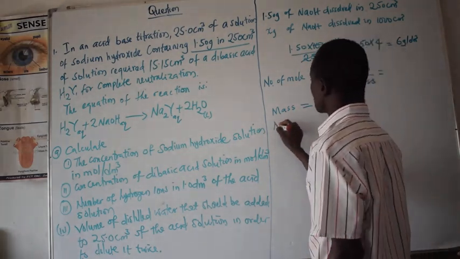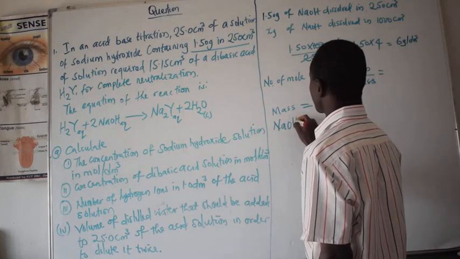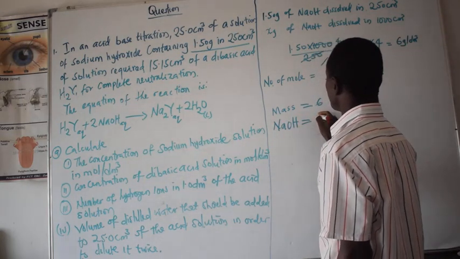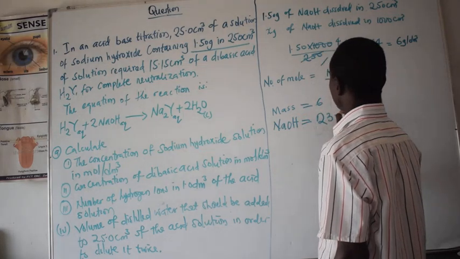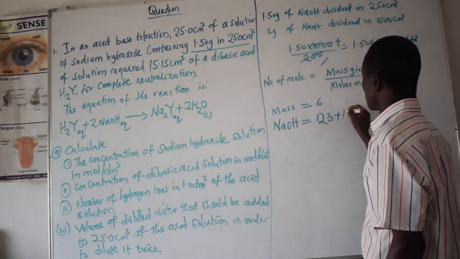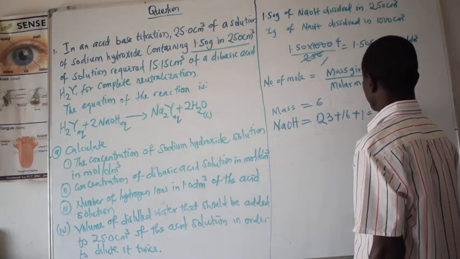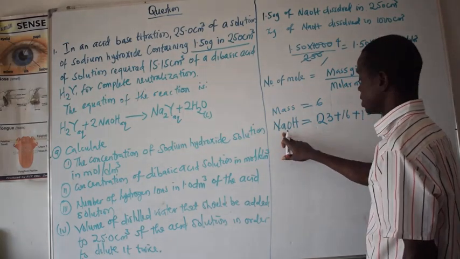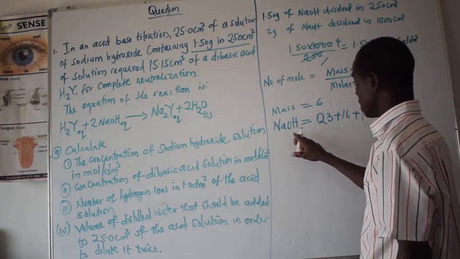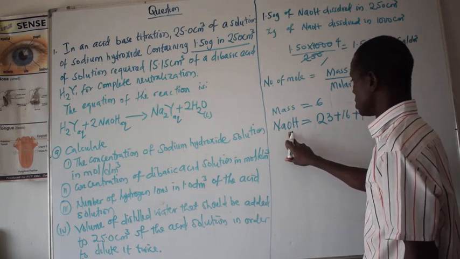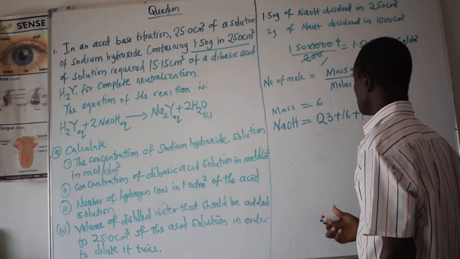Sodium is 23, plus oxygen 16, plus hydrogen 1, so everything is 40.